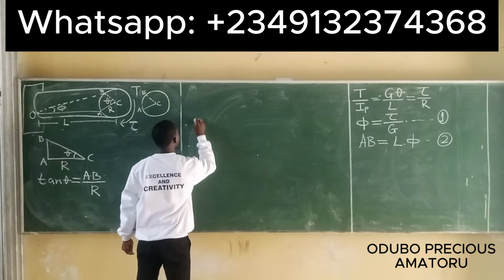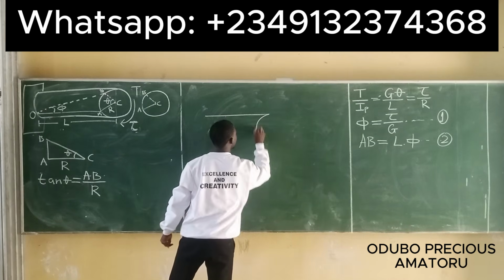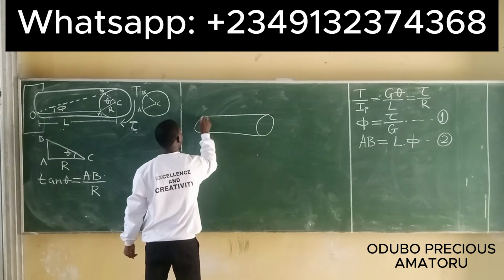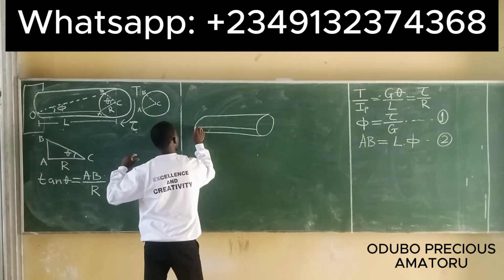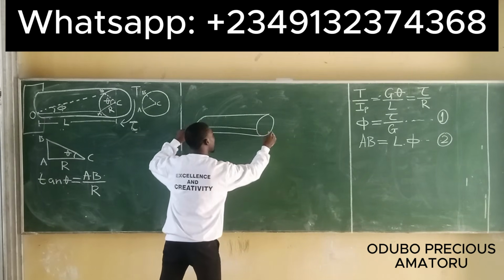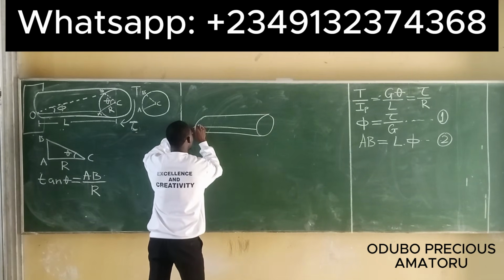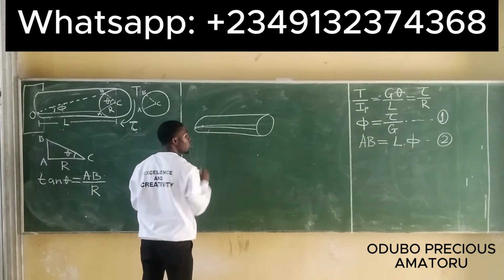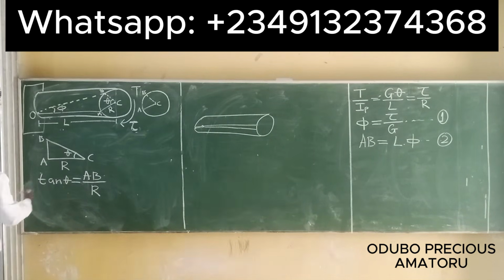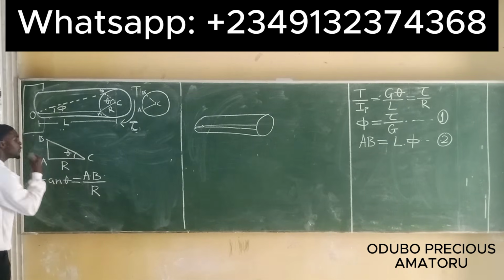So let's say this was supposed to be the shaft. If you try to rotate it, let's say this was the initial point, the change will be very small. So theta is very small. That's why we are assuming that since theta is very small, tan theta is almost equal to theta.